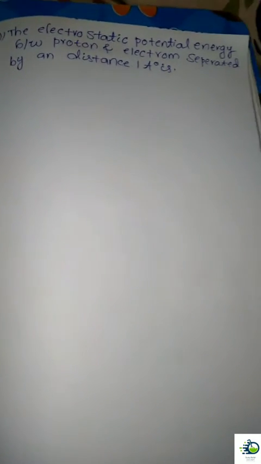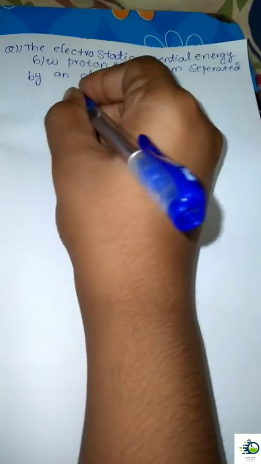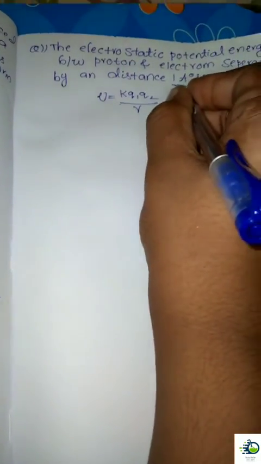Now, another question we need to see. Find the electrostatic potential energy between a proton and an electron separated by a distance of 1 angstrom. Now the formula is electrostatic potential energy equals k q1 q2 by r. Here r is 1 angstrom, and we know the charge of the proton and the charge of the electron.